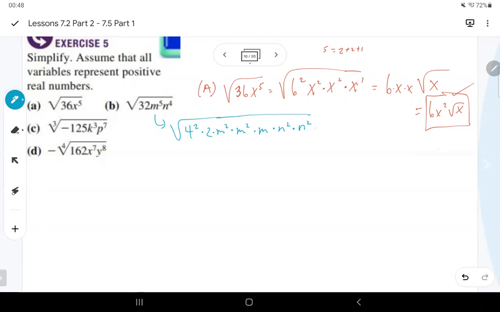And then we're going to pull out a 4. We have 2 groupings of m's, so we'll have m squared, 2 groupings of n, so we'll have n squared, and then we have left 2 and an m, so 2m inside.